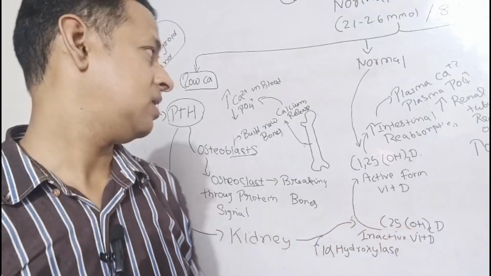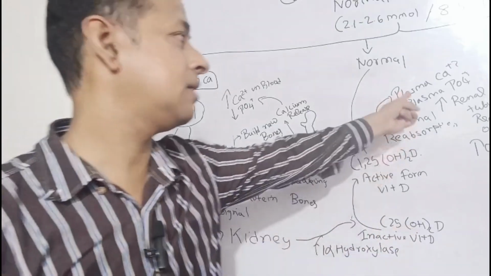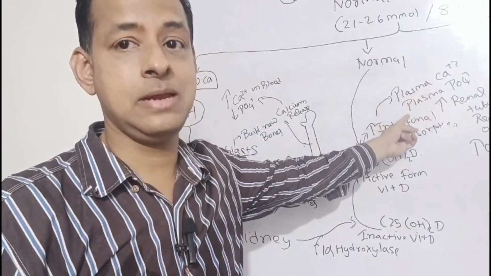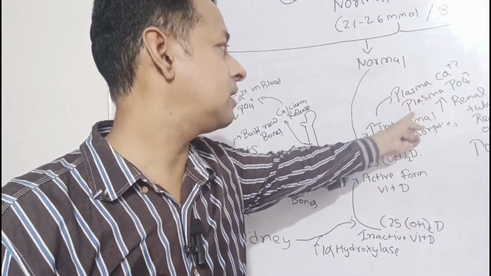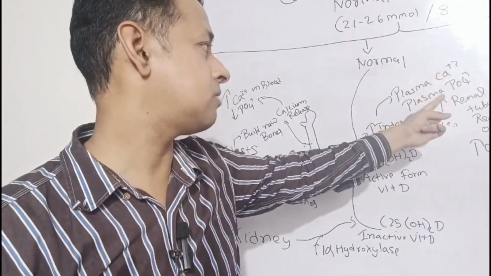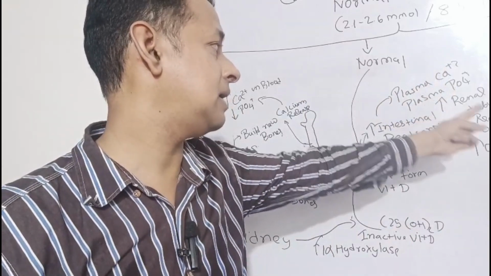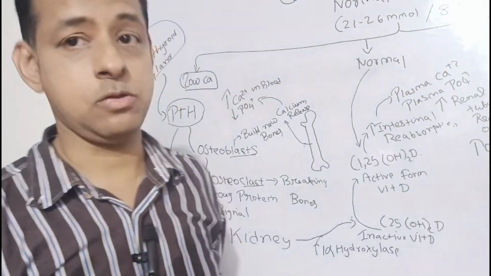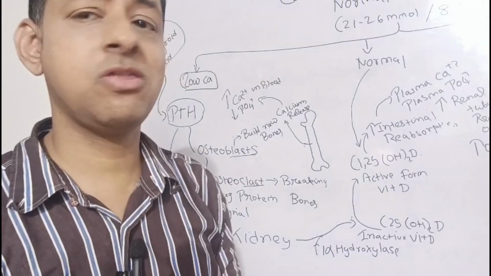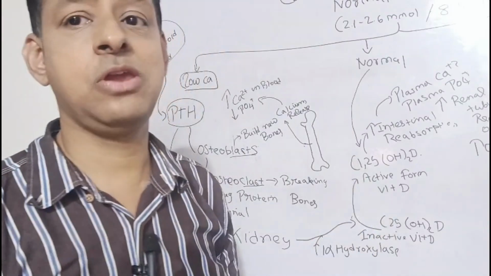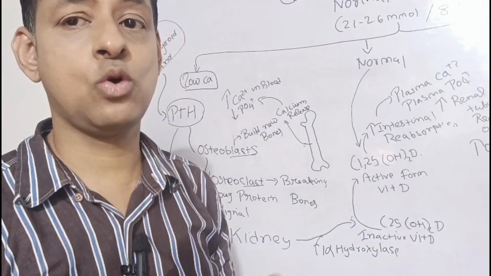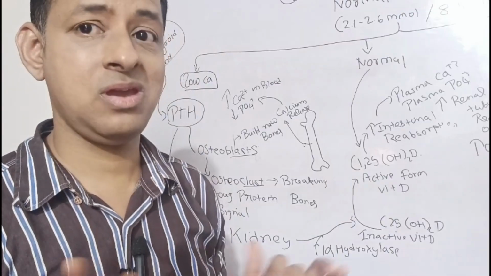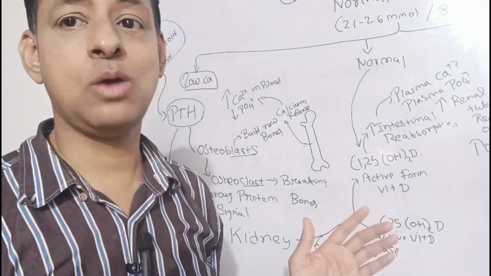Eventually you can see an increase in plasma calcium and an increase in plasma phosphate, by increased renal tubular reabsorption of phosphate. This also supports increased osteoclast activity. So this is what you have to remember.